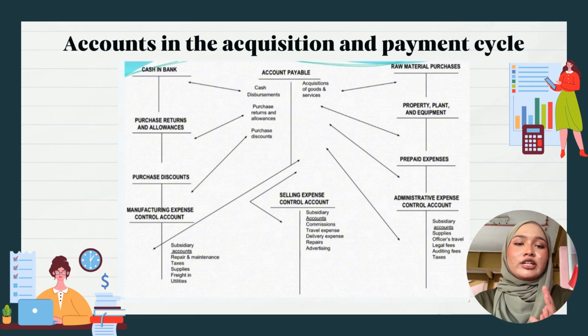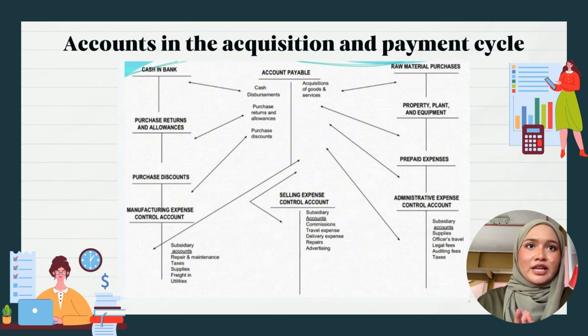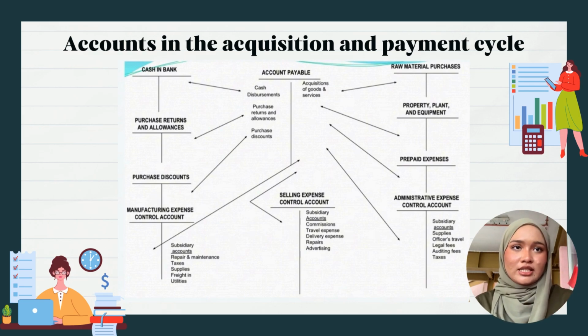And then for the credit side, we have acquisition of goods and services. There are three items under acquisition of goods and services, which is raw material purchases, PPE, and prepaid expense.